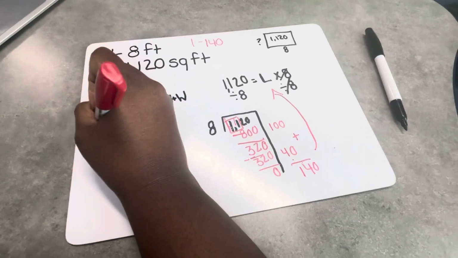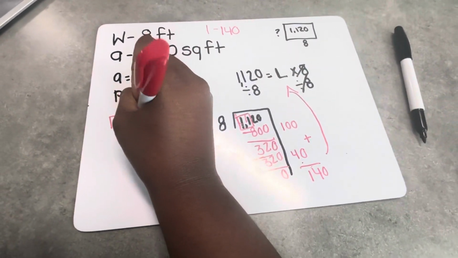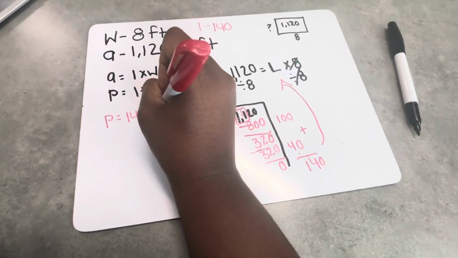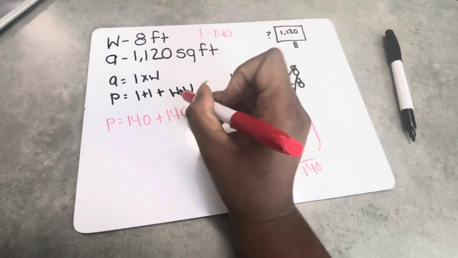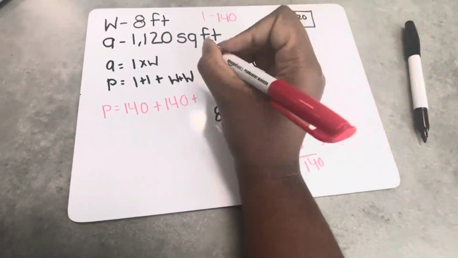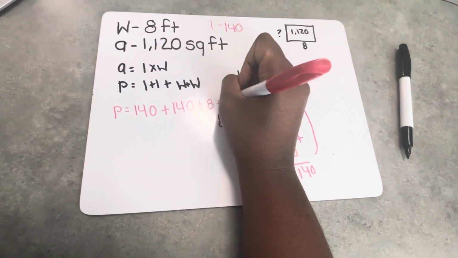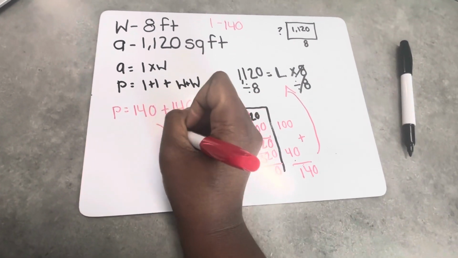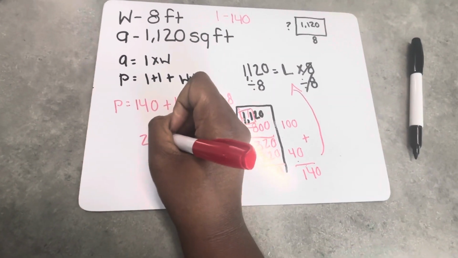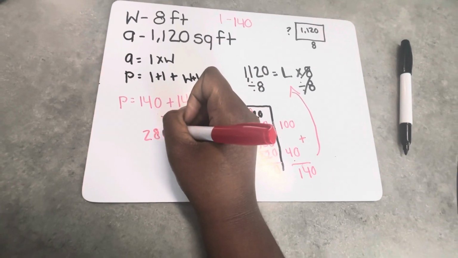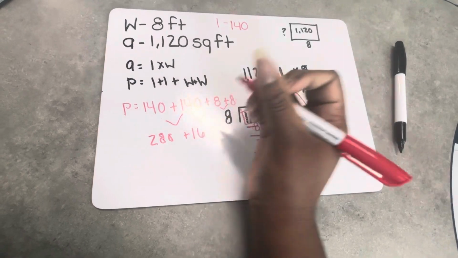Our perimeter is equal to L plus L, so 140 plus 140, plus our width, which we were already given, 8 plus 8. Let's do a little bit of mental math. We know that 140 plus 140 is 280, and 8 plus 8 is equal to 16.